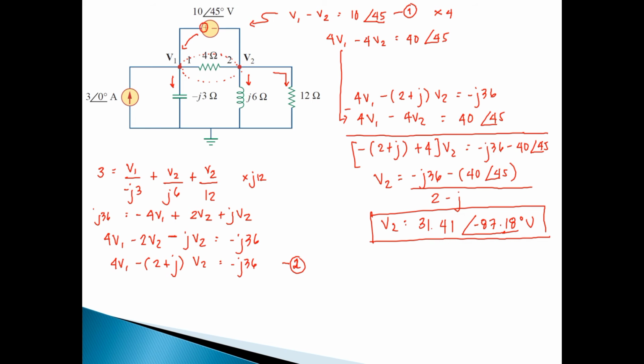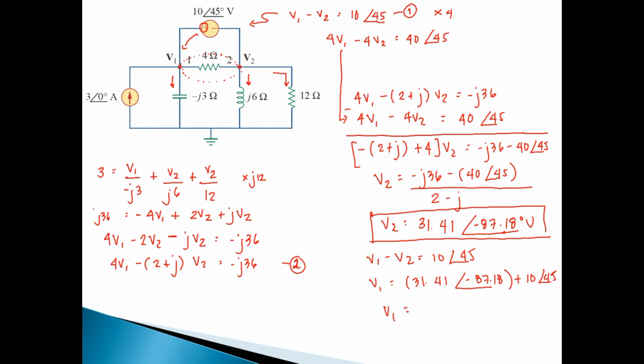Then for V1, let's just use the first equation. V1 is equal to 31.41 angle negative 87.18 plus 10 angle 45.